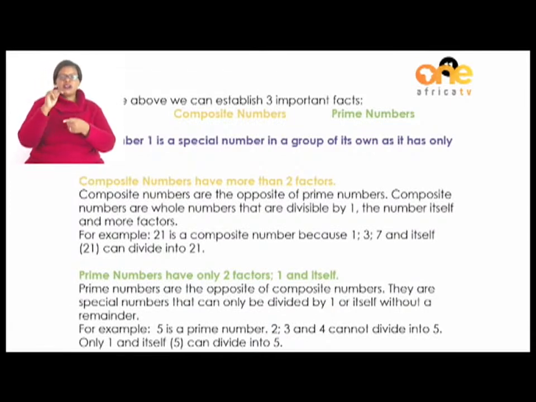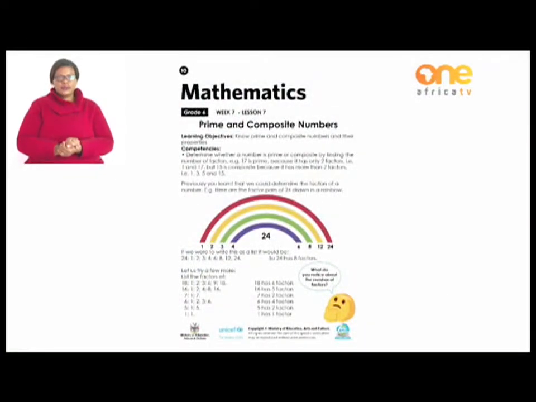Now let's quickly go back to page 10. If you look at the list of those numbers there, notice that the number 7 is a prime number. The other number that is also a prime number is 5. Why are they prime numbers? Because they only have two factors.